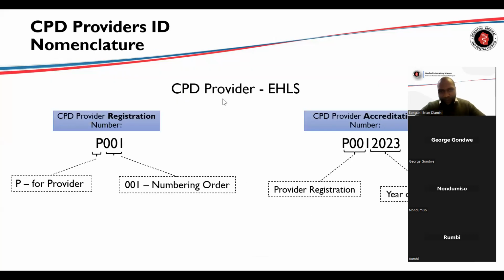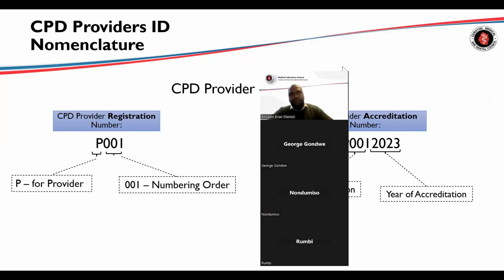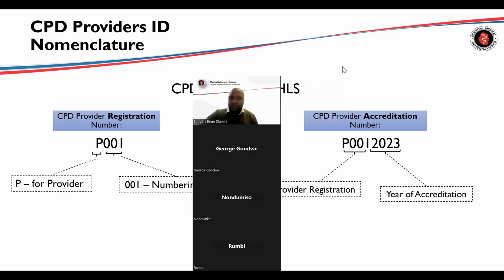So, an example, CPD provider EHLS. We've given EHLS the number P001, whereby 001 is the number to say it is number one in terms of the others. 000 is the EMDC. You go on and on. You notice that the numbers are not the same.